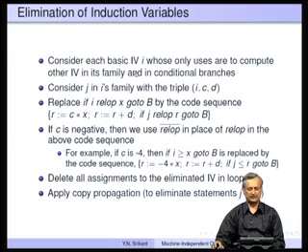So, consider each basic induction variable I, whose only uses are to compute other induction variables in its family and in conditional branches. If this is so, we can eliminate this induction variable. Now, consider j in I's family with the triple I, c, d. So, we want to remove I and replace it with j.